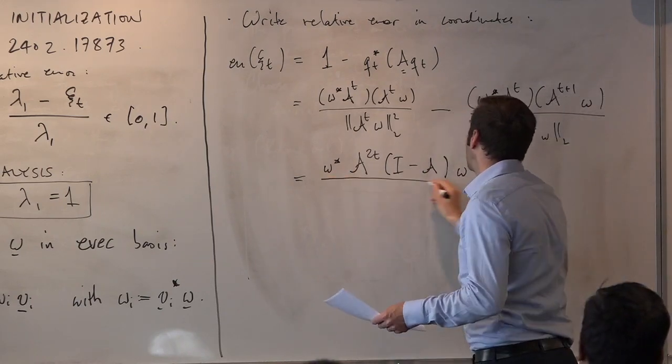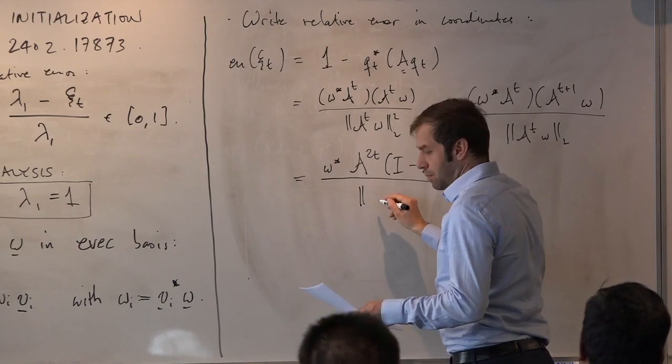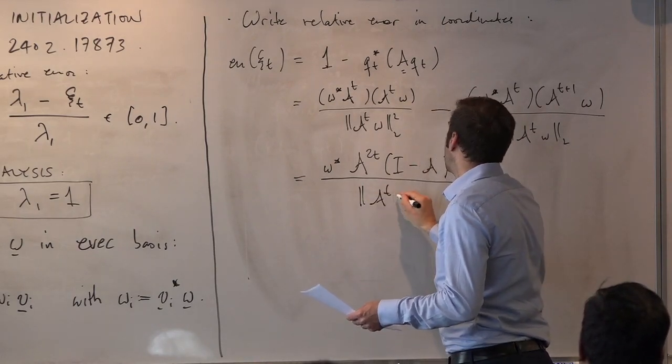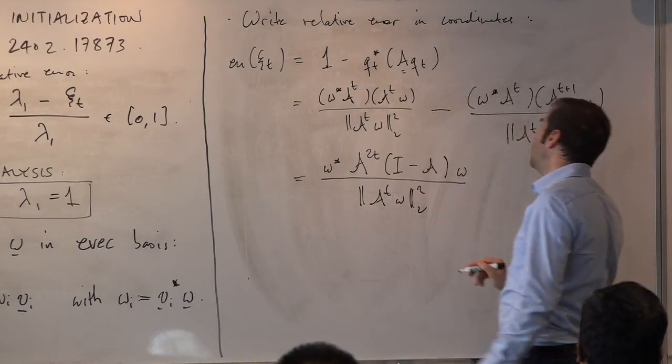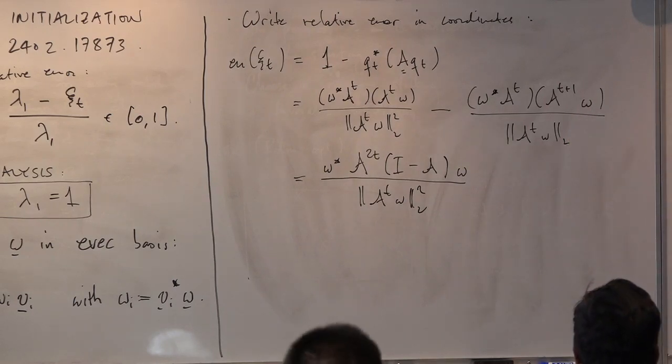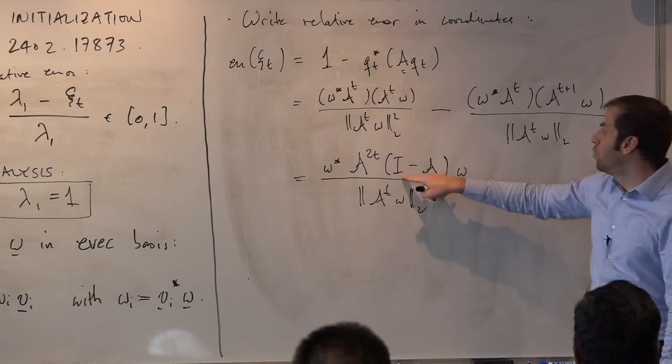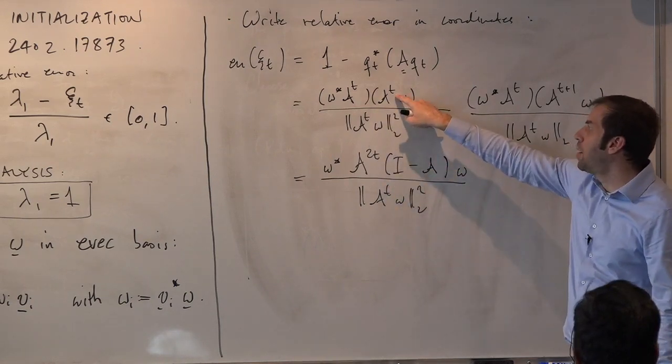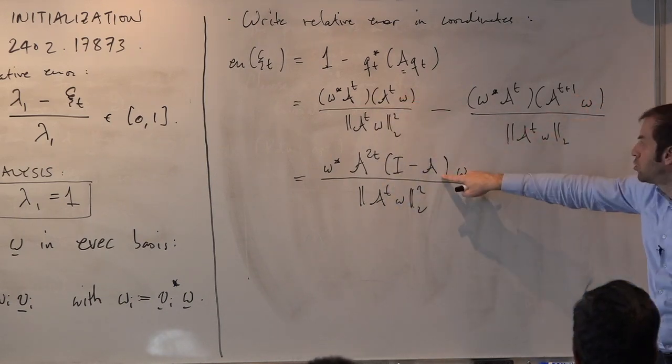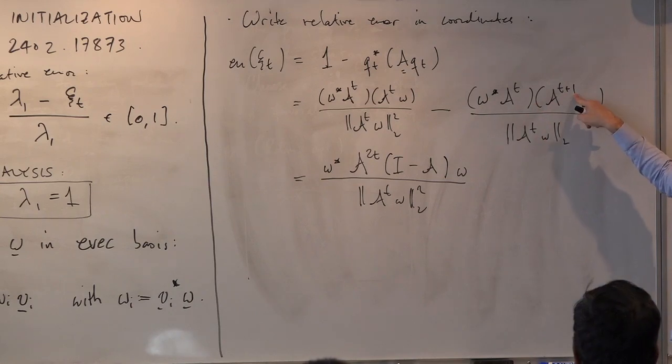So we have this quadratic form divided by the norm of A to the t omega, squared. Again, we have an identity because there are 2t copies of A here, and we have an extra A because there are 2t plus 1 copies.